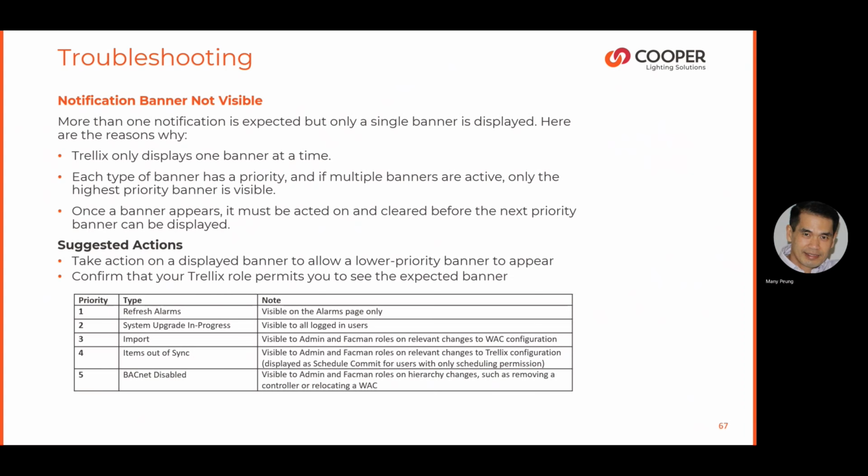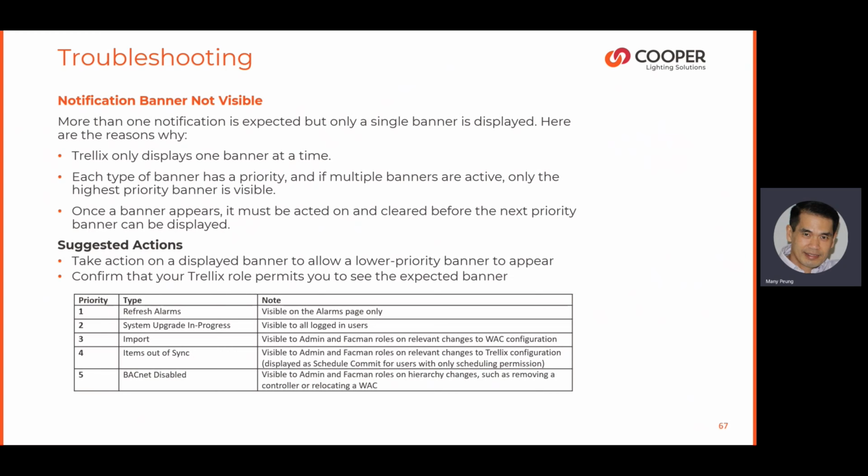Okay. So once a banner appears, it has to be acted on and cleared before the next priority banner can be displayed. So you need to take action on that individual banner to allow a lower priority banner to appear, and confirm that your system role allows you to see the expected banner as well.